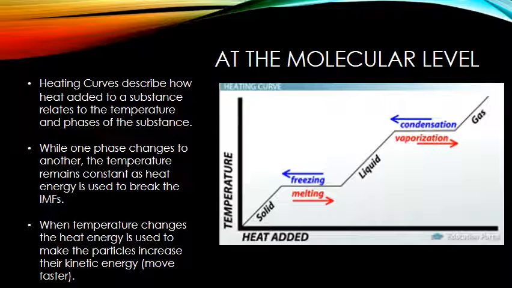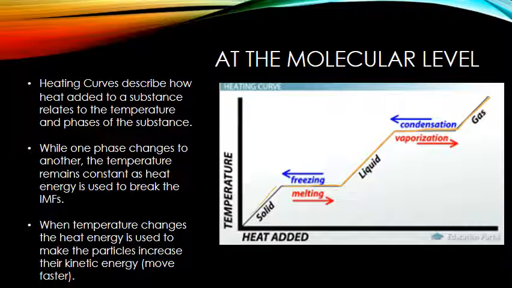So we can take a look at the graph given here and see that we start out with our solid phase. We have the melting phase where we're taking our solid and changing it into a liquid, and temperature does not change, it stays constant. Then we heat that liquid to its boiling point, and then we boil or vaporize the substance, change it into a gas, and again the temperature doesn't change, and then we can heat the gas that's formed.